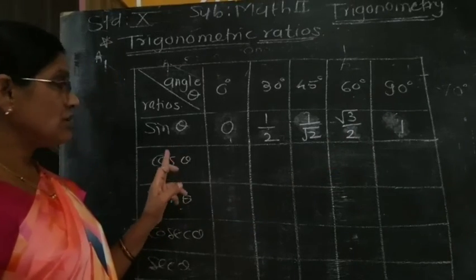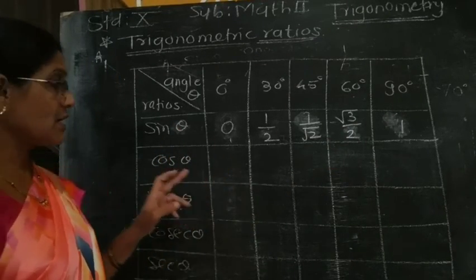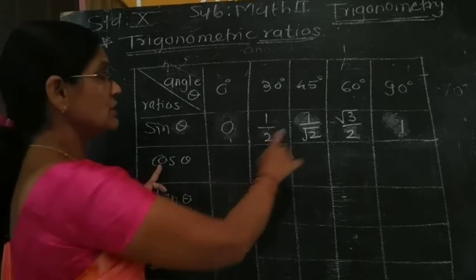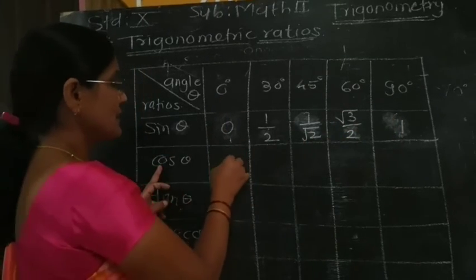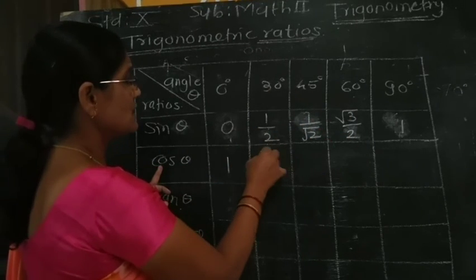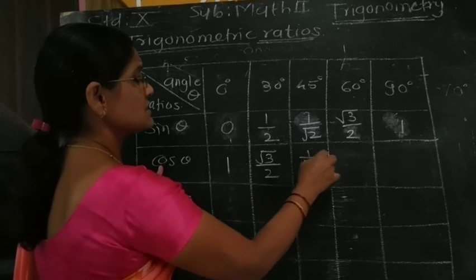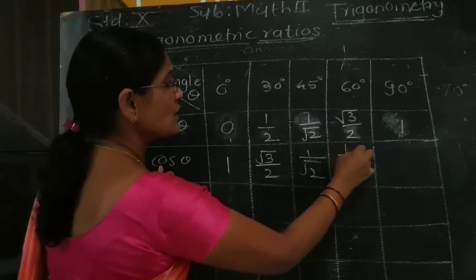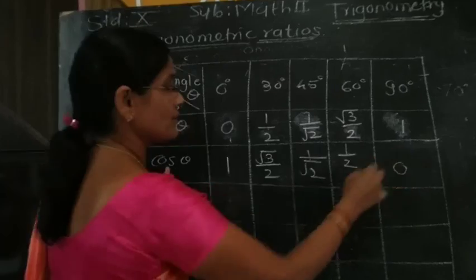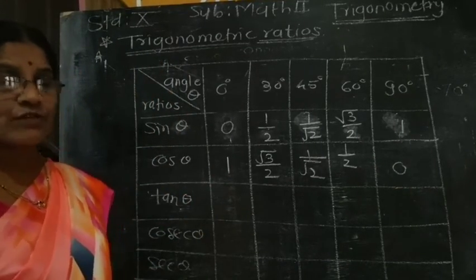After that we know the relation sine theta is equal to cos of 90 minus theta. Using that, cos 0 will be sine 90, that is 1. Cos 30 will be sine 60, root 3 upon 2. This is the same, this 1 upon 2 here and 0 here. In this way we fill the cos ratio values.